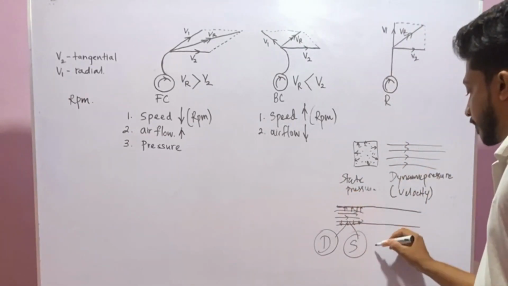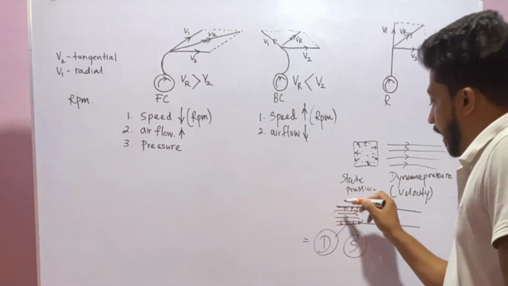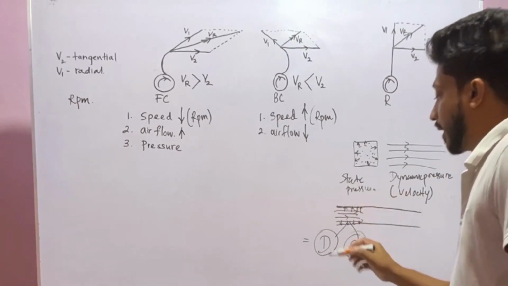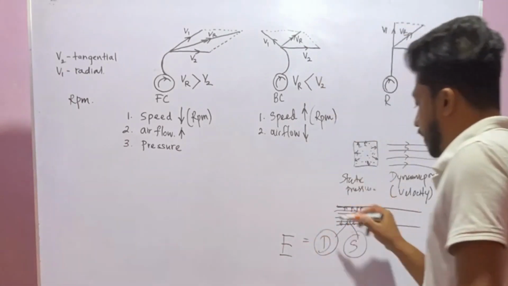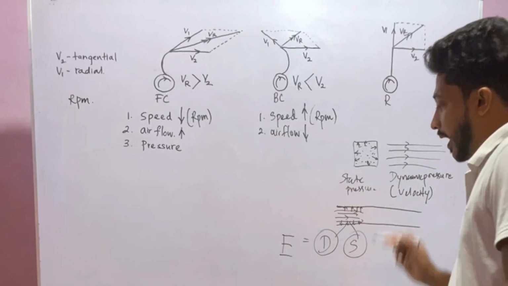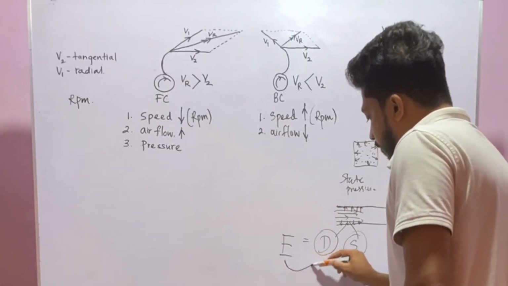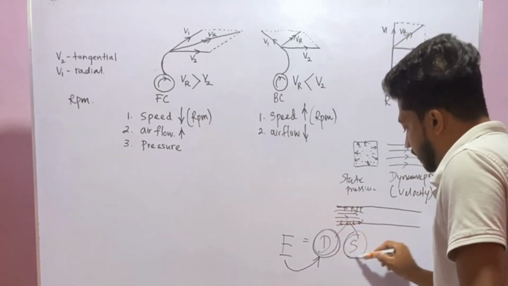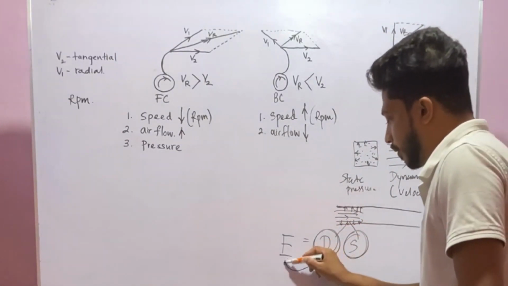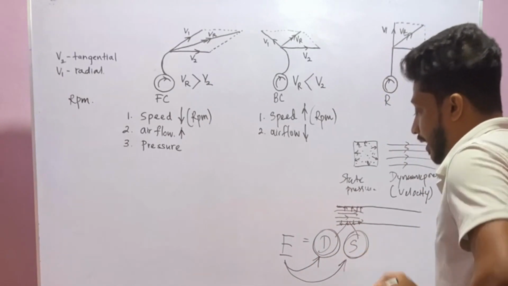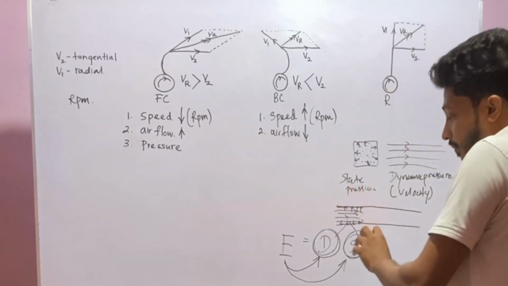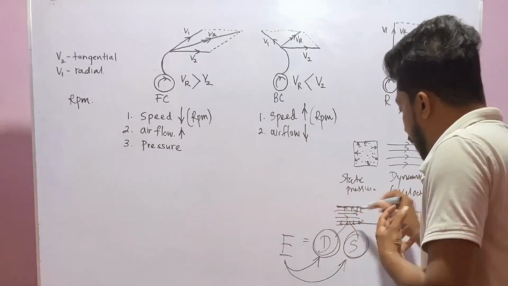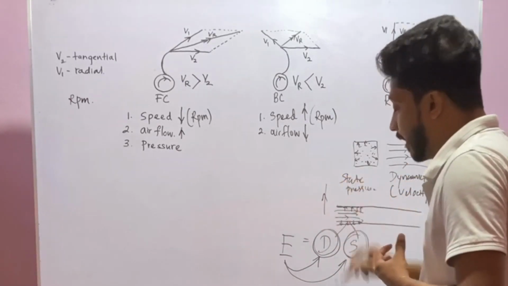But the thing is, the energy of this air stream does not change. And also, components of energy are dynamic pressure and static pressure. What happens if the velocity of this stream increased?